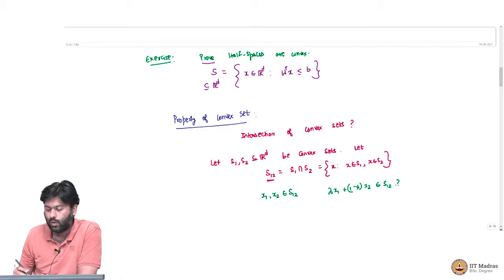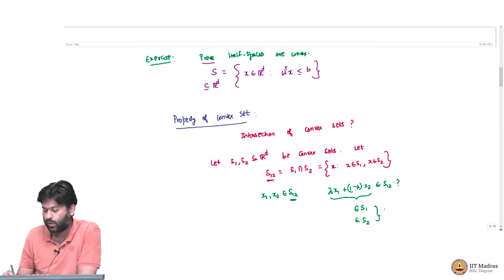Is this true? Well, what can I say about lambda x1 plus (1 minus lambda) x2? It belongs to S1 simply because x1 and x2 belong to S1. Why do they belong to S1? Because they belong to the intersection, so they have to belong to both the sets, which means they belong to S1. And lambda x1 plus (1 minus lambda) x2 also belongs to S2.